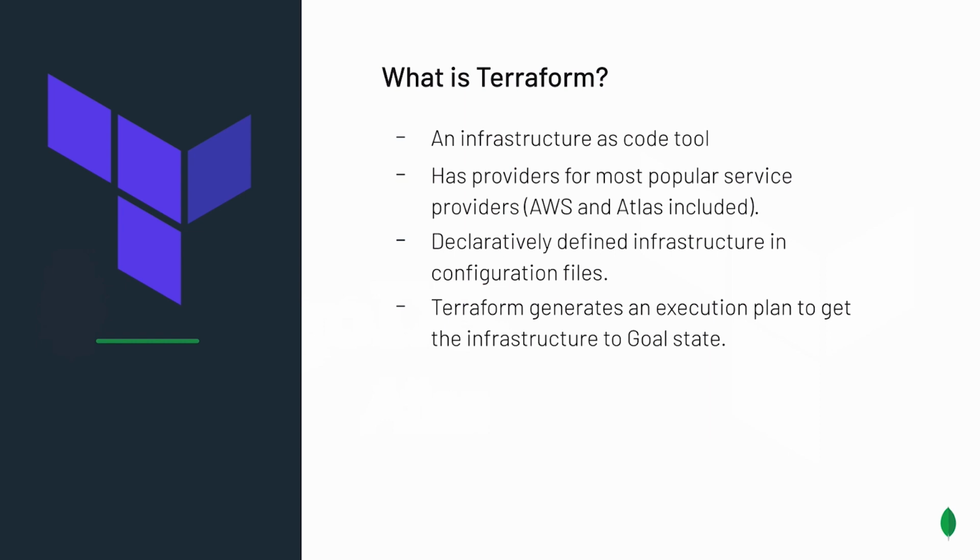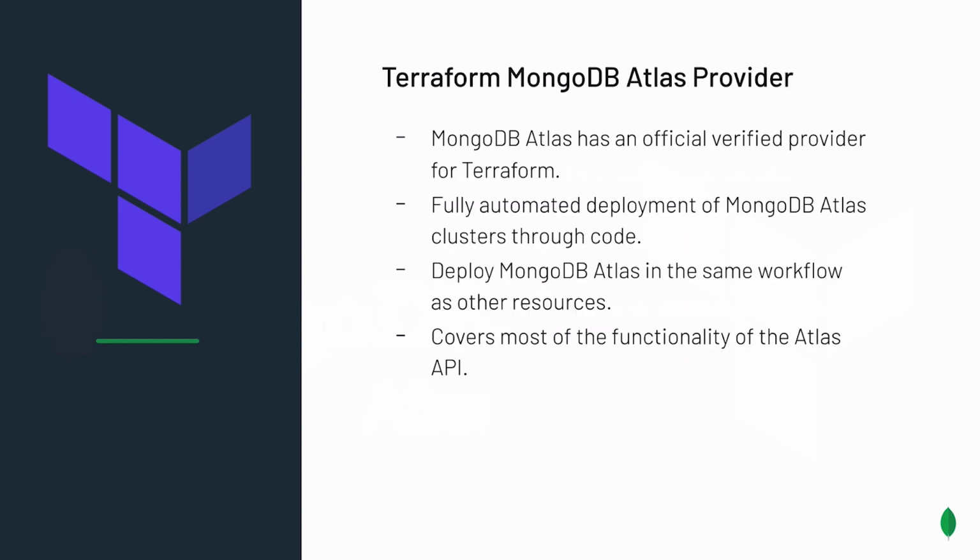It doesn't really matter what order you define the infrastructure in the Terraform configuration files. Terraform will create a plan itself to get the infrastructure deployed. And we'll see that later on when we look at the configuration files and see how Terraform actually creates plans.